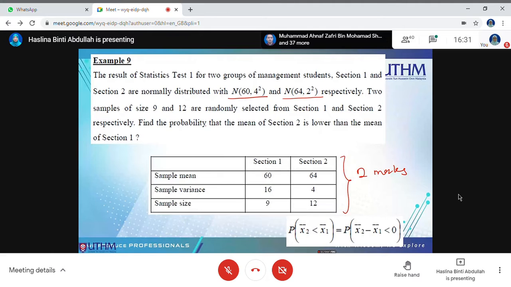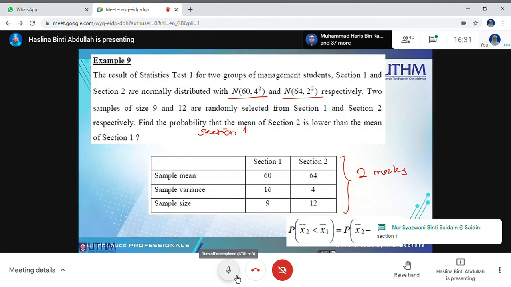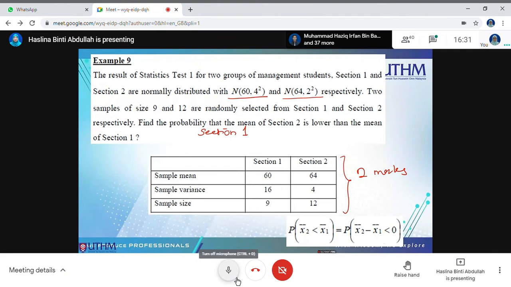The first sample is referred to as Section 1. The second sample is referred to as Section 2.